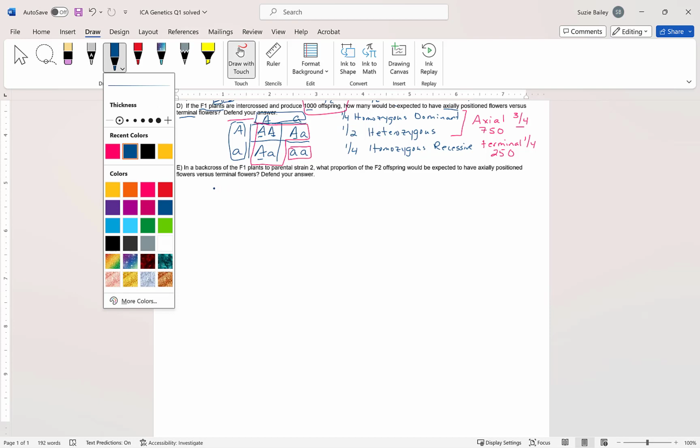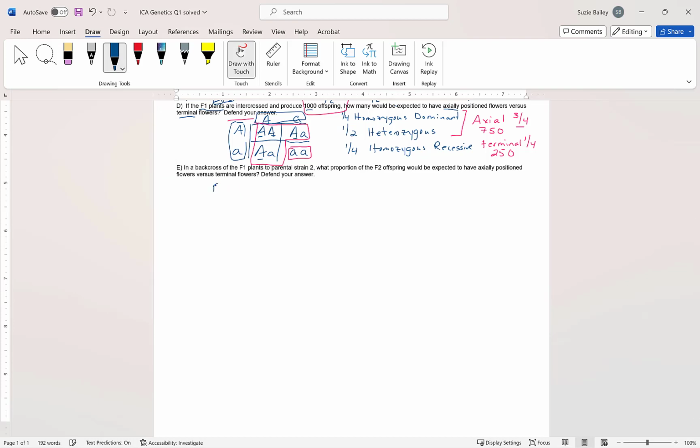So we take our F1 plants, and we're just going to write our genotypes here, our F1 plants, which were heterozygous, and we cross them to parent strain 2, which was homozygous dominant. What proportion of that next generation offspring would we expect to have axially positioned flowers versus terminal flowers? So here we're being asked for a proportion or fraction of that next generation.